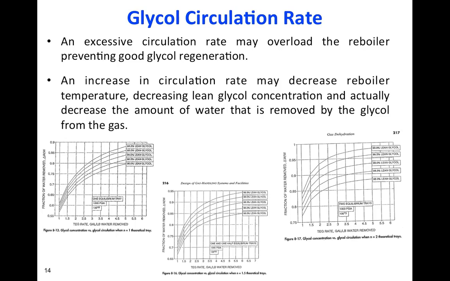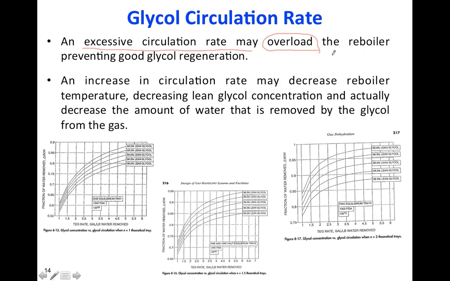Glycol circulation rate. Okay, so as I said, we will have a minimum and maximum for this glycol circulation. We cannot go below 2 or more than 7. If we go to a very high, excessive circulation rate, it means more glycol goes to the reboiler, and we can overload the reboiler.